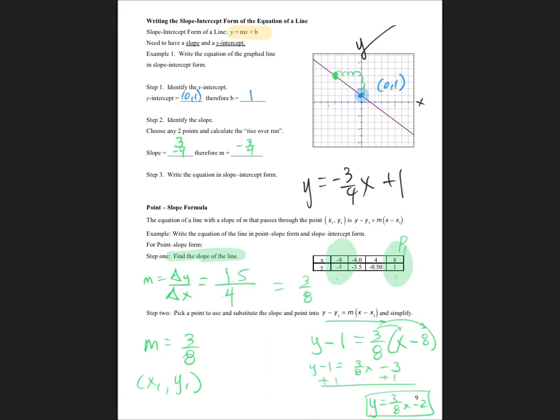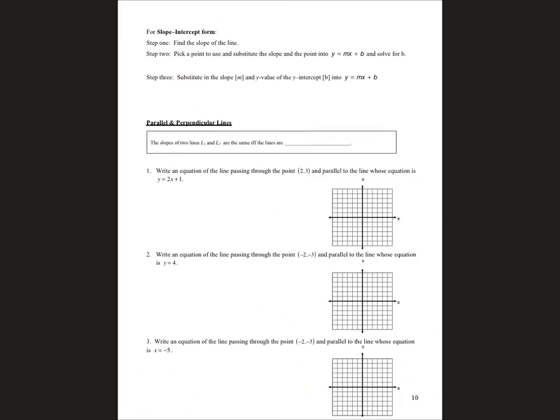If I go back and look at the table, I could also write the slope intercept form using another method. Once I identify the slope, I can substitute it in and then find b.